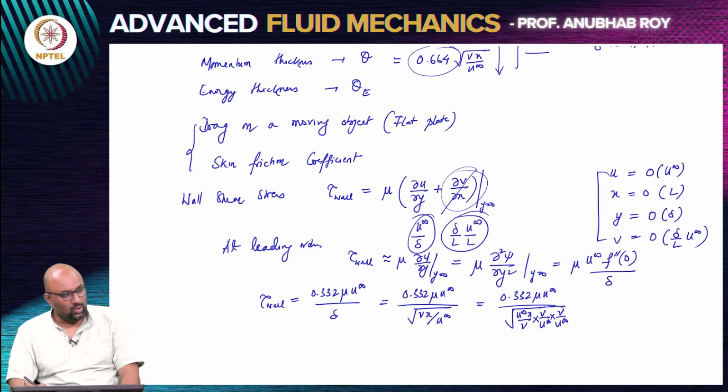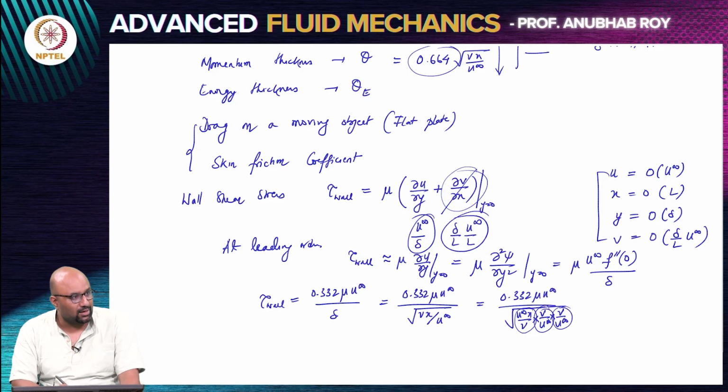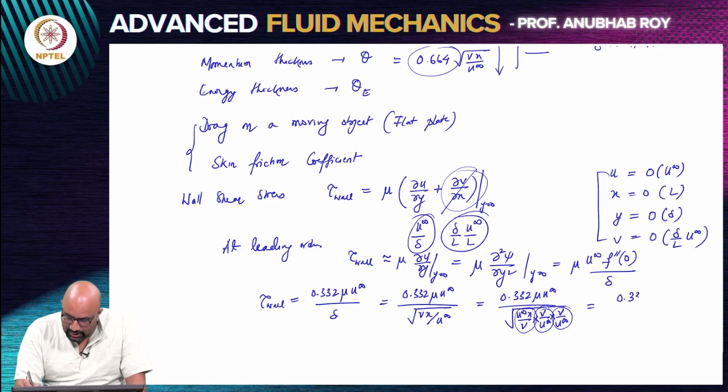So, nu x by u infinity, I have written it as u infinity x by nu, and then because I have multiplied by u infinity by nu, I get a nu by u infinity, and I already had a u infinity sitting in the problem. So, this is now 0.332 mu u infinity. The first term is Rex, and then there is nu by u infinity square, the square root of it. So, this becomes nu by u infinity.